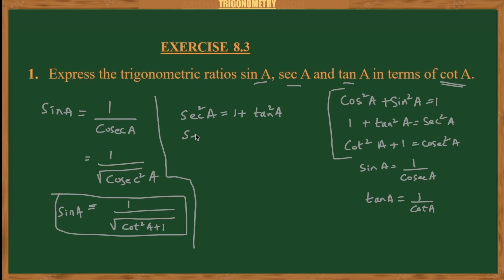We wanted the secant, so squaring both the sides, we can take the root. If you put the root here, the square goes here. So it will be represented as root of 1 plus tan square A. This is something like you have A square, and we have A square, so the square gets cancelled here.